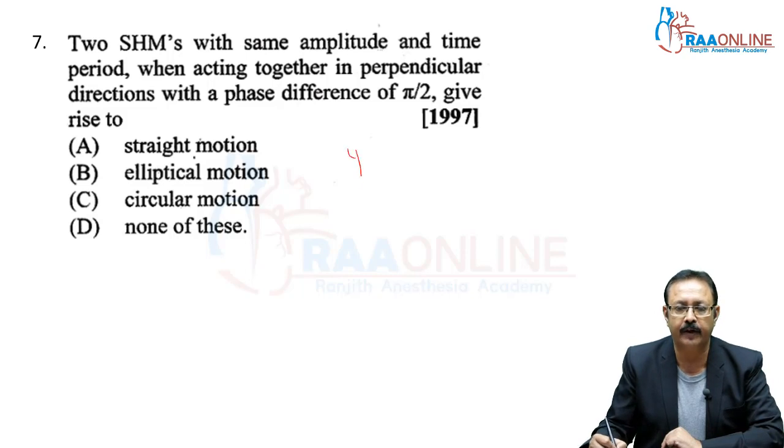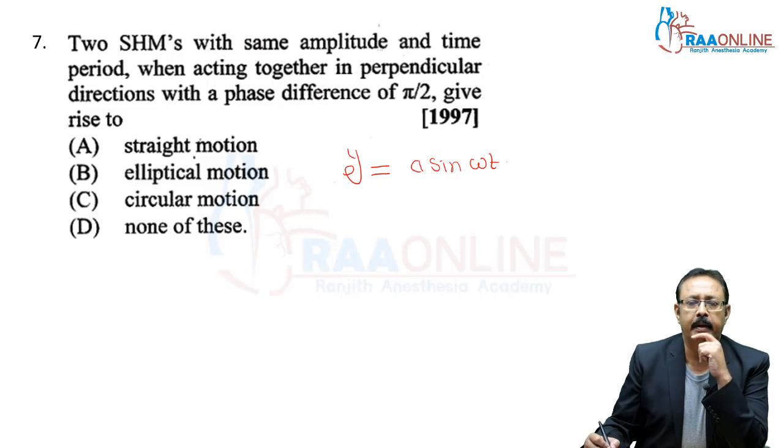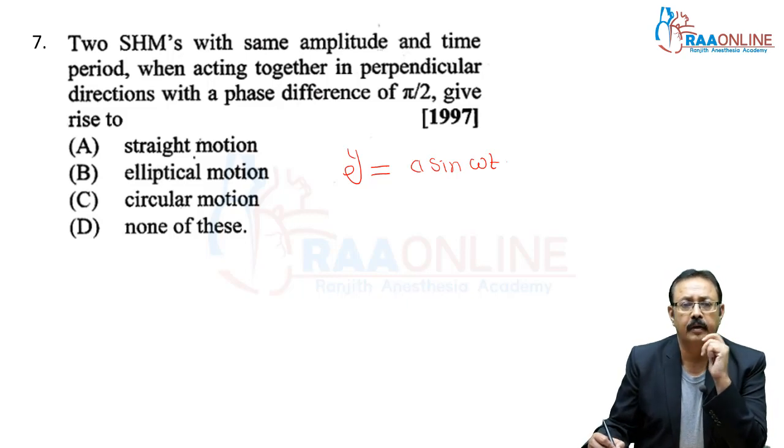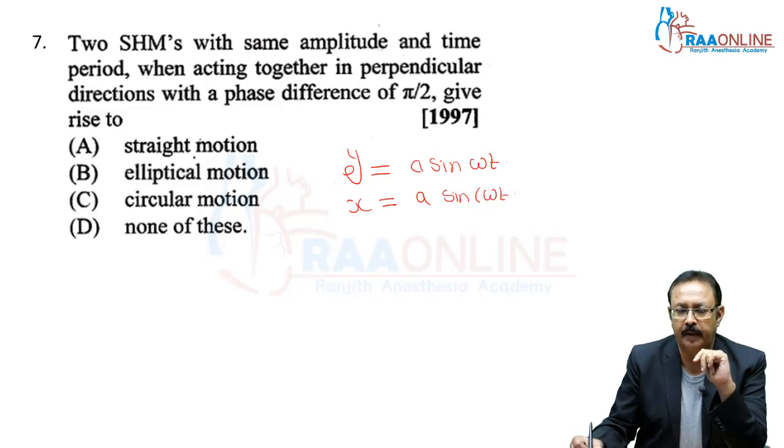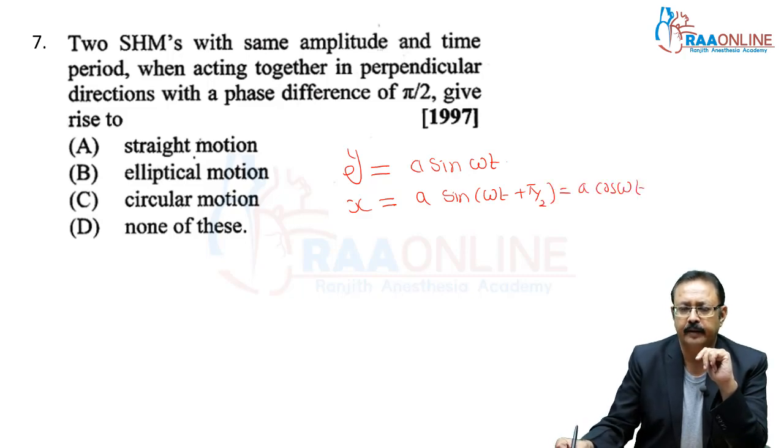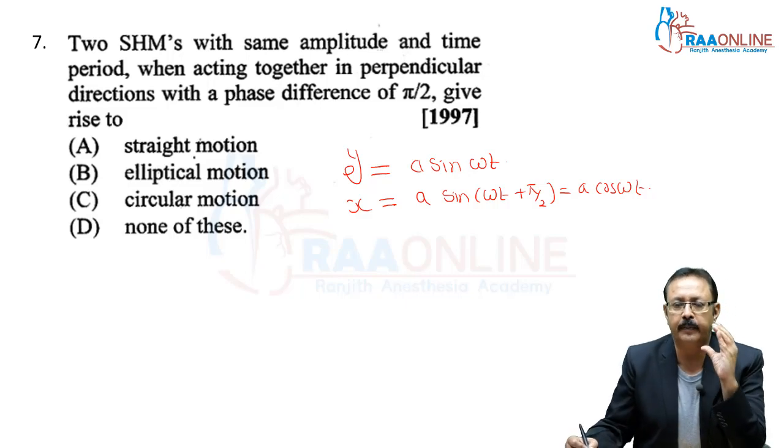If I am taking one equation, y is equal to a sin omega t, with the same amplitude, acting together in perpendicular directions. So for the other simple harmonic motion, x should be a sin (omega t plus pi by 2). What will you get? A cos omega t.